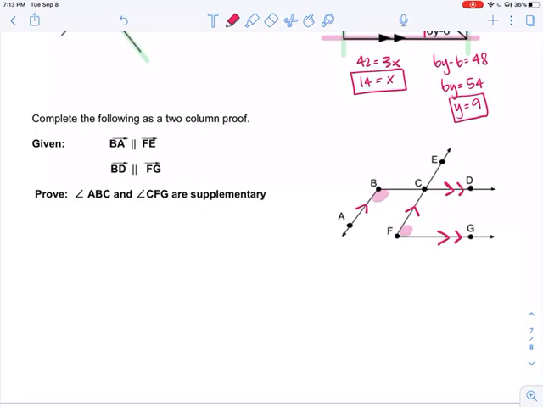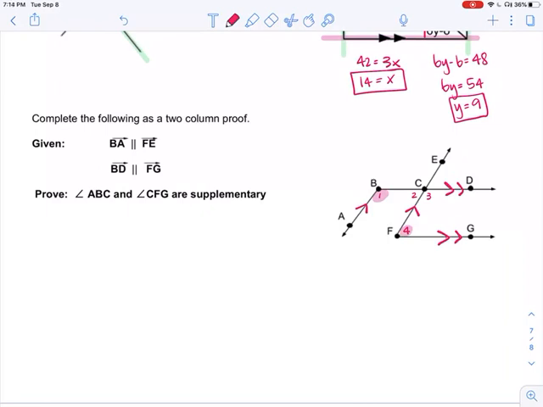connect these. I'm going to actually number my angles so that it's a little bit easier to read in the proof. So I'm going to make this 1, 2, 3, and 4. And you can use multiple sets of these angles, but what we need to do is create a bridge from angle 1 to get me down to angle 4.